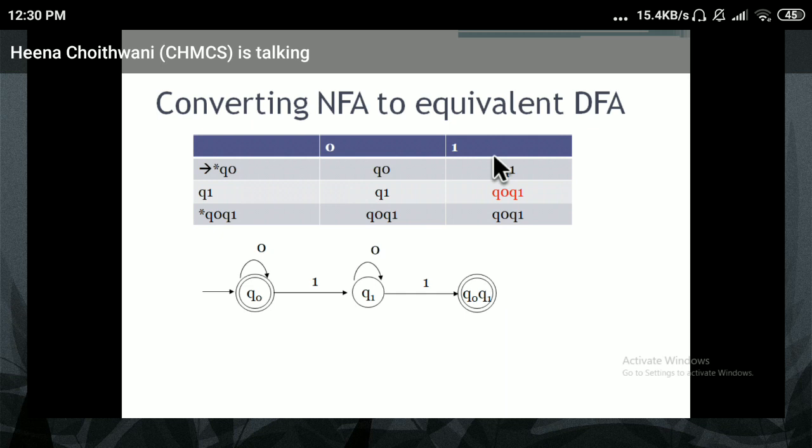And what about Q0 Q1 on 0 and 1? It will move to Q0 Q1, so we'll be having a loop here, right? Check here. Is it okay?